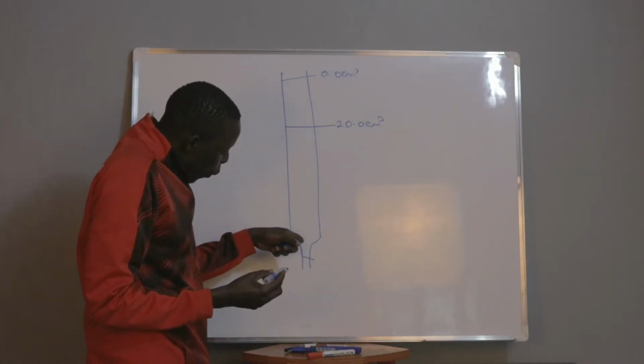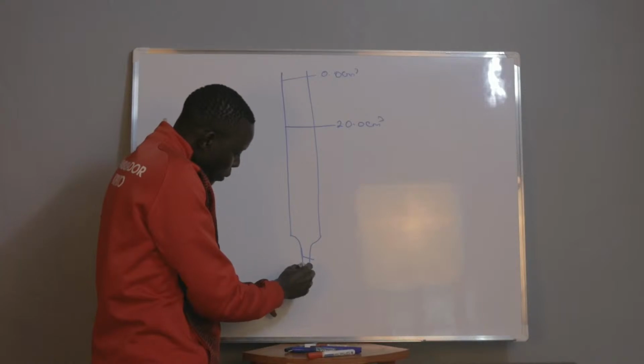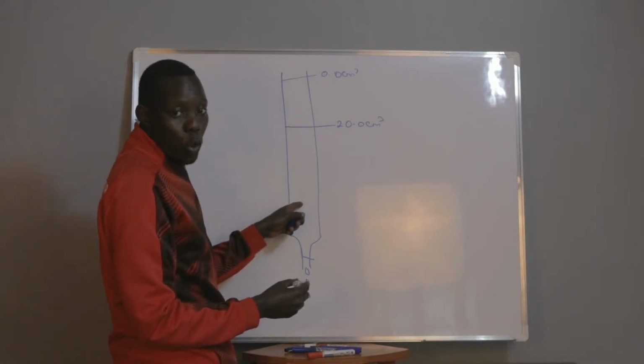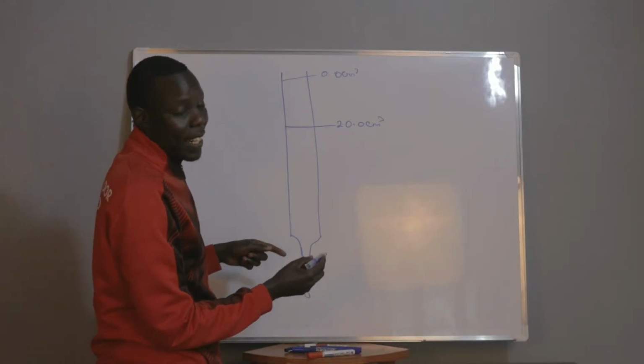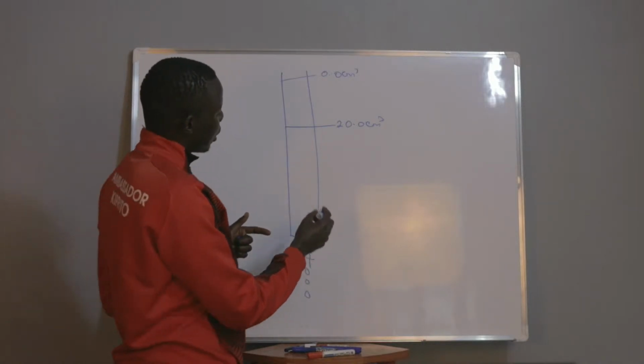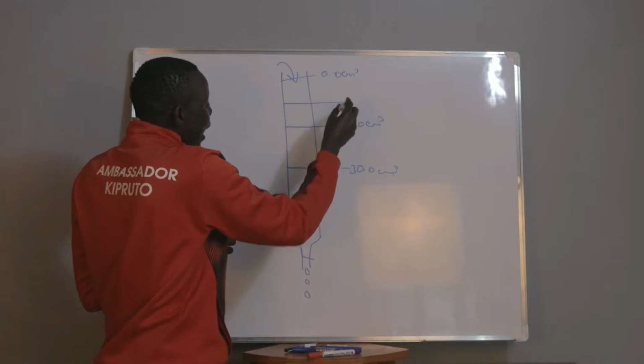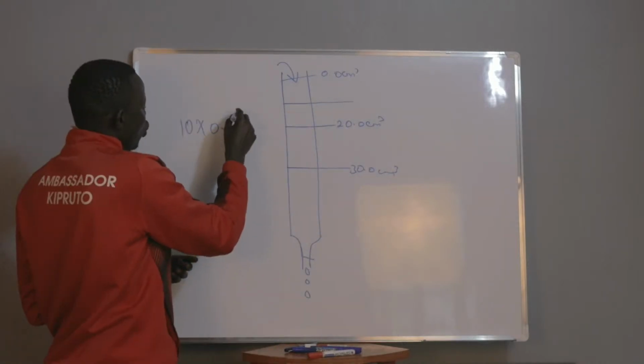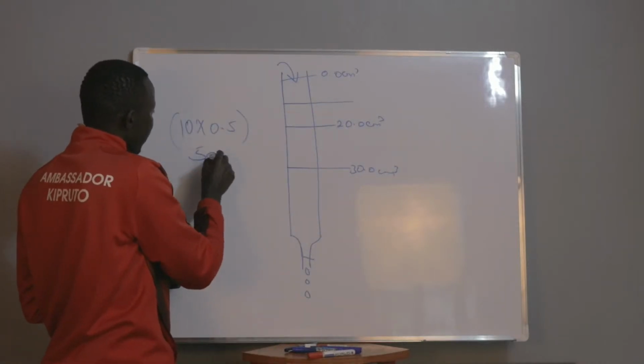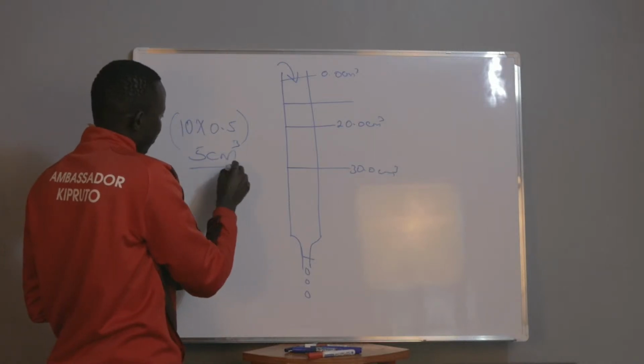So when you remove some drops, the volume of the liquid decreases, but the readings increase, because the reading decreases as it fills. Like in our case, 25. So in short, we added 5 centimeters cubic.